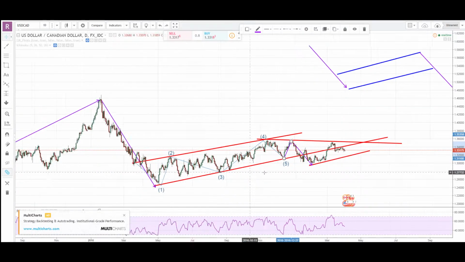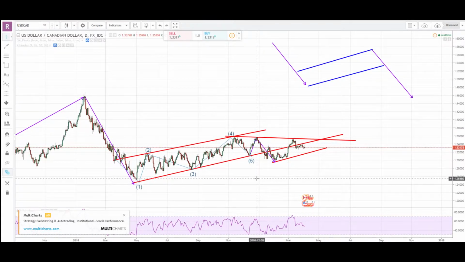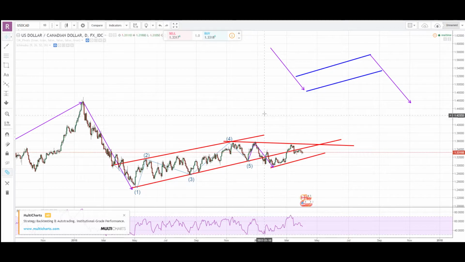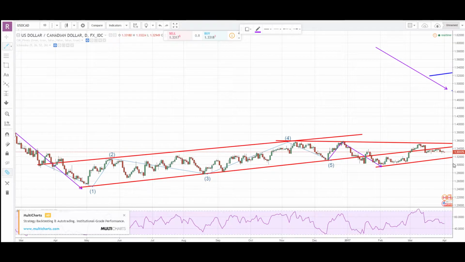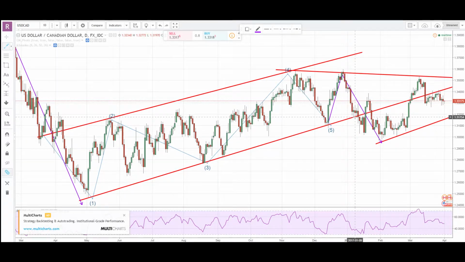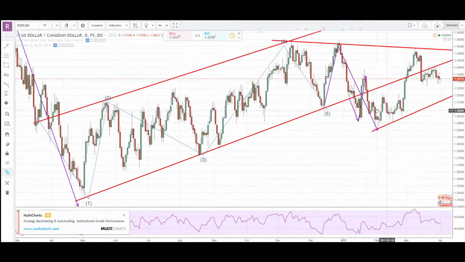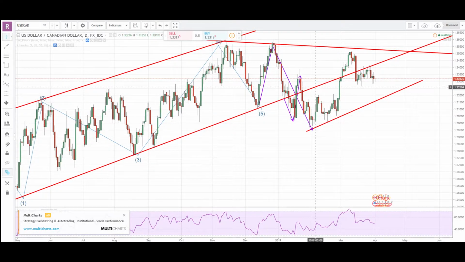So Euro USD should do the same as USD CAD is doing right now. It broke the channel, it retested here. Let me get a closer view for you. It broke the channel. It broke, retested, was not enough.